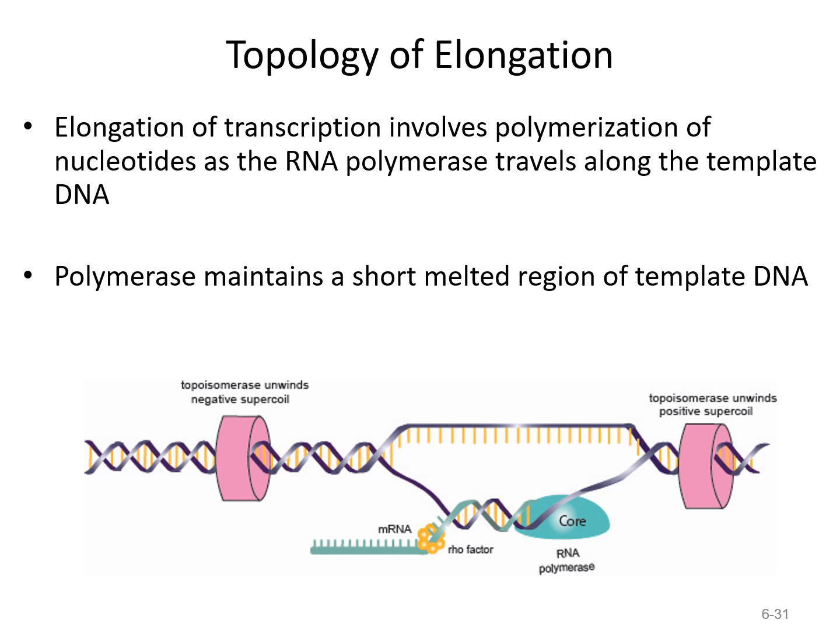In this case, for the transcription bubble, when you open up the double helix, that will introduce positive supercoil ahead of the RNA polymerase, and then negative supercoil behind the RNA polymerase. And the positive supercoil will require topoisomerase to unwind it.